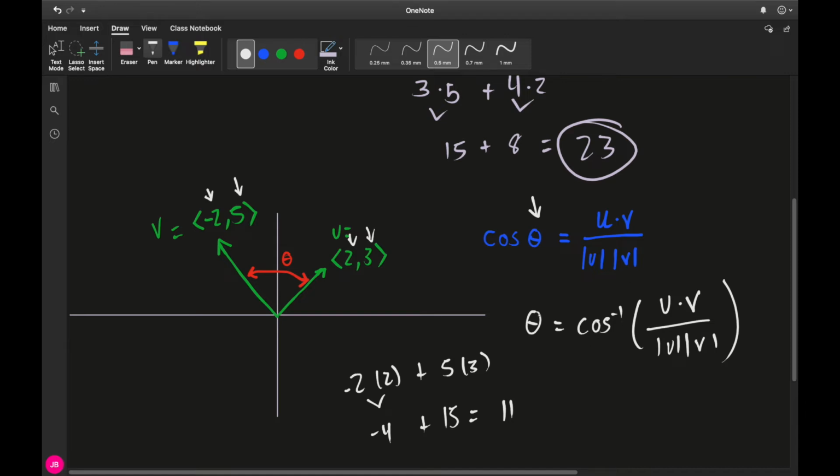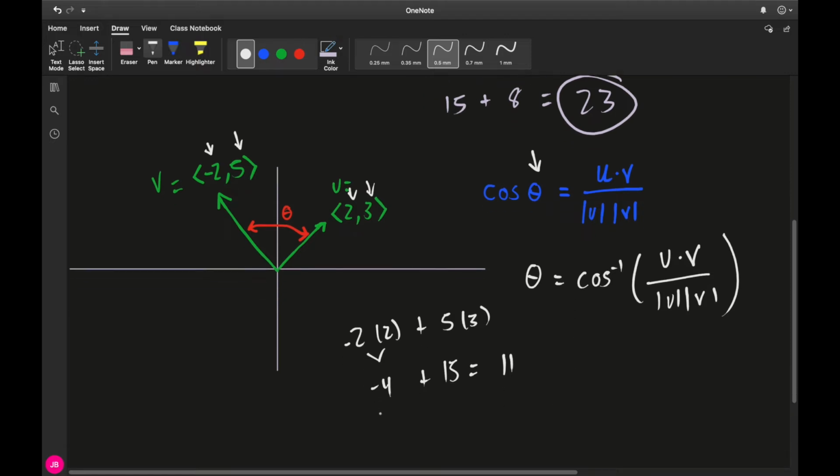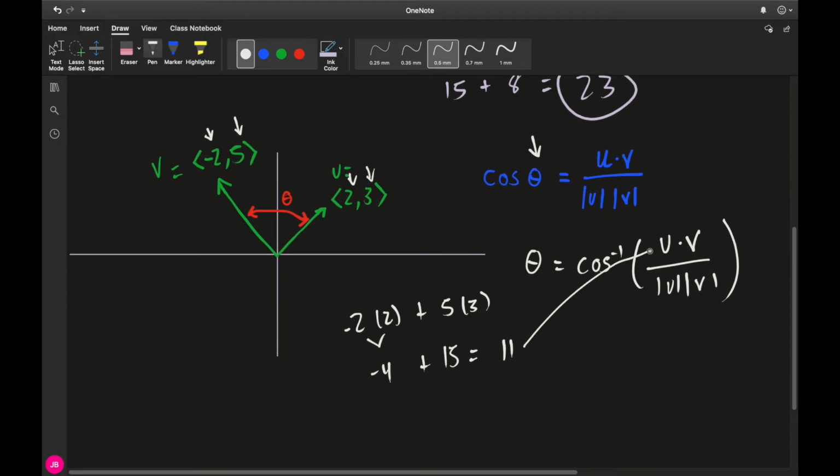Now to find angle theta, we need to go ahead and find the magnitude of each of these. And we can find magnitude by using Pythagorean theorem or the distance formula. And so if we plug our dot product into our formula, theta is equal to the inverse cosine of 11 divided by the magnitude of u times the magnitude of v.